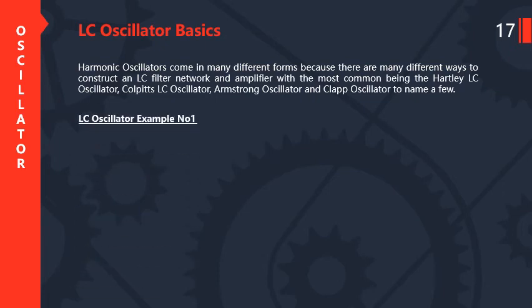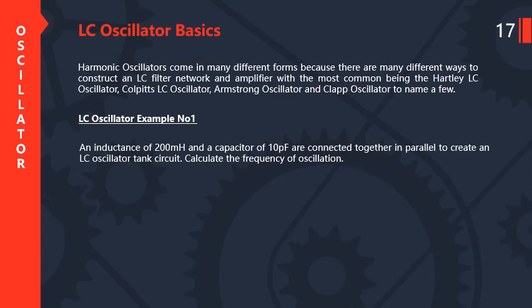Next is LC oscillator example 1. An inductance of 200 millihenry and a capacitor of 10 picofarad are connected together in parallel to create an LC oscillator tank circuit. Calculate the frequency of oscillation. Now through this numerical we will see how we can find the frequency of oscillation.